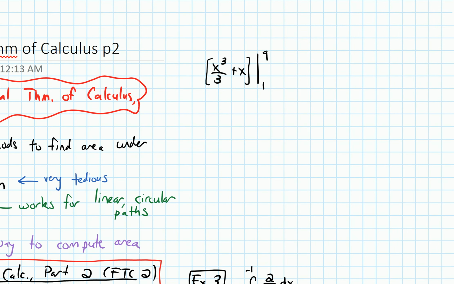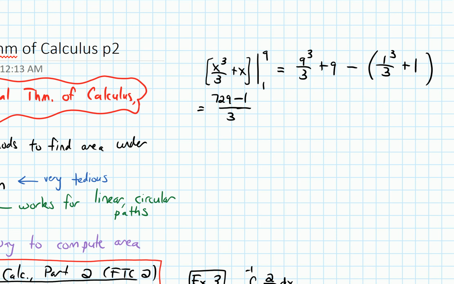All right, so plugging in 9, we get 9 cubed over 3 plus 9. Minus, when we plug in 1, gotta make sure I put a parentheses so I don't forget to distribute the negative to both of these terms. Plugging in 1, I get 1 cubed over 3 plus 1. Okay, so two of these terms will have 3 as a denominator, so I'll subtract them. 9 cubed is 729, and then I'll get this minus 1 cubed is 1.